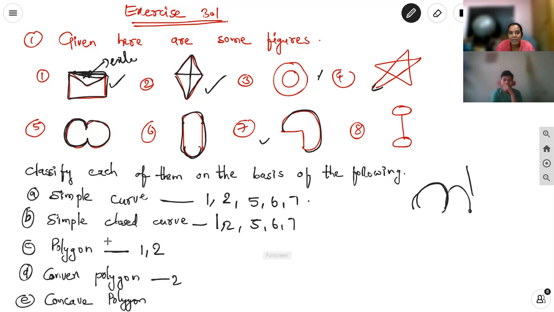So the first one is the concave polygon and the second one is the convex polygon. And 1, 2, 5, 6, 7 are the simple curves; polygons are only 1 and 2, made by line segments.